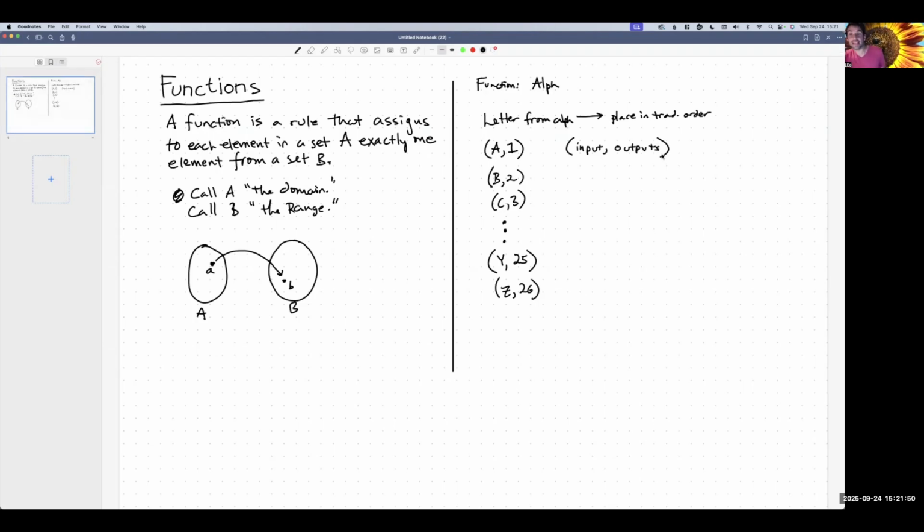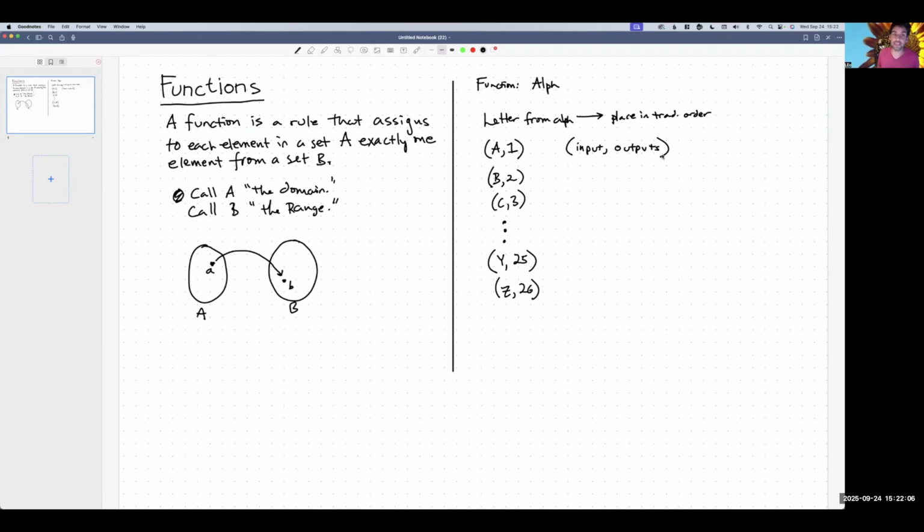So it's almost like we're asking this function a question. Hey, what place in the alphabet is C? So my input is C. I'm giving it the letter C and asking what place in the alphabet this is, and it gives me back the number 3.